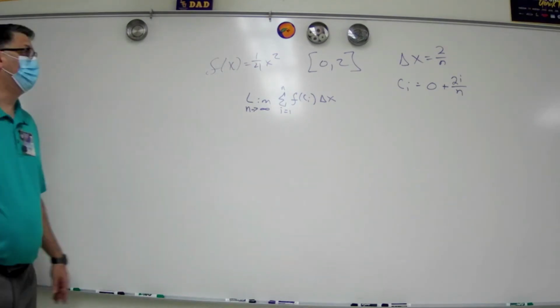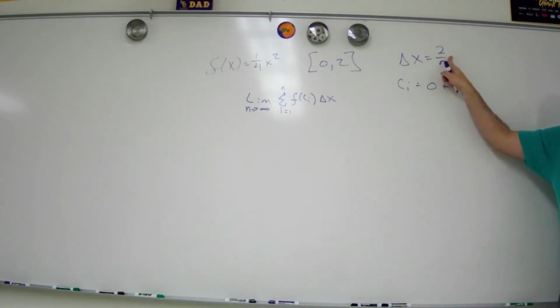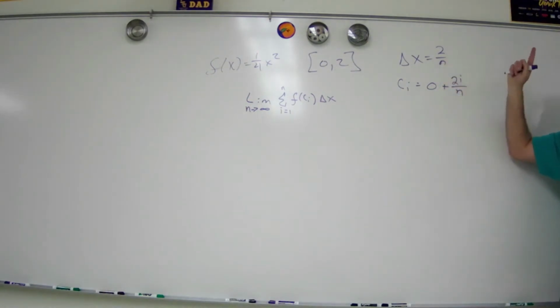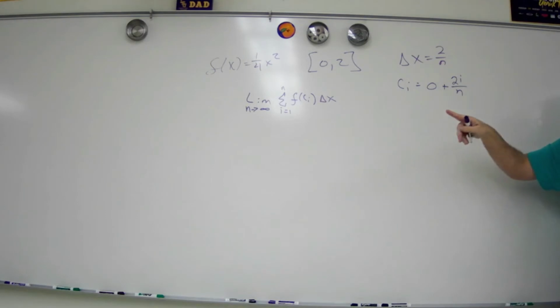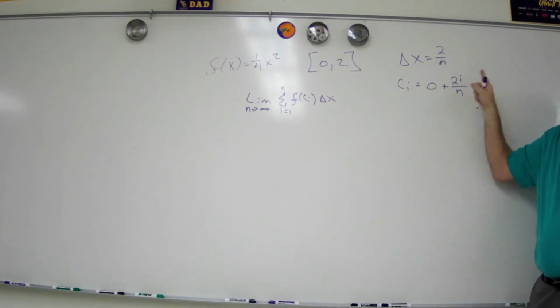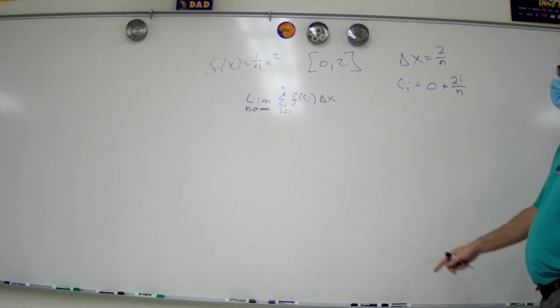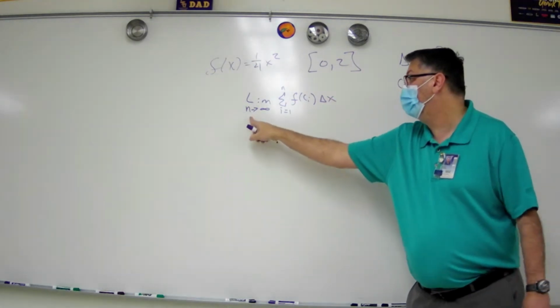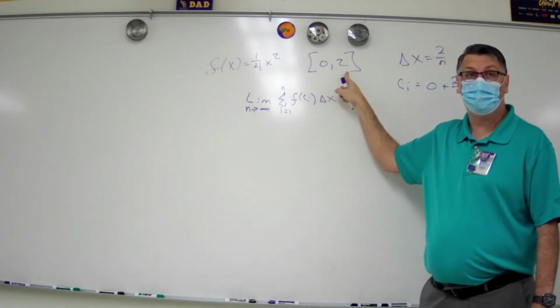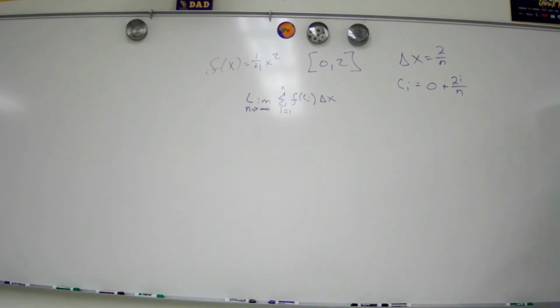We found the c sub i. So you have to find the delta x. That's going to be your b minus a divided by n. To find the c sub i, you're going to pick your endpoint. You're just going to add your delta x and throw an i on there. The last example I didn't feel like doing because it's going to waste time. It shows you that when you take the limit as n approaches infinity of your left and your right bound, it gives you the exact same number. It doesn't matter which one you pick, you're going to get the exact same number.